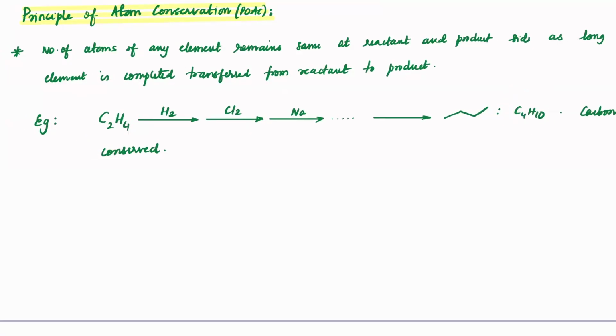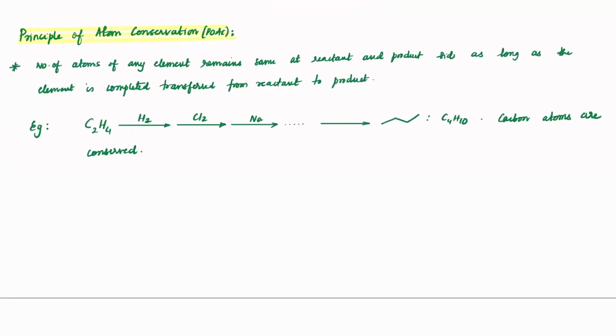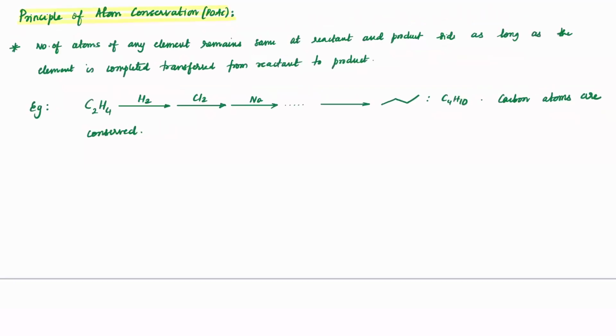Of course, they might be in a different form, but the number of atoms present on the left and on the right will remain the same. That is what conservation of carbon means in this case. Now look into this carefully. For one molecule of C2H4, I have 2 carbons. If I take 1 mole of C2H4, I would have 2 moles of carbon.